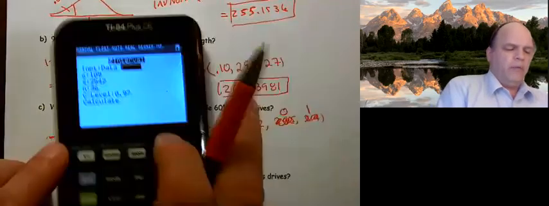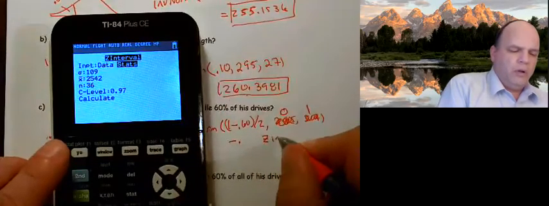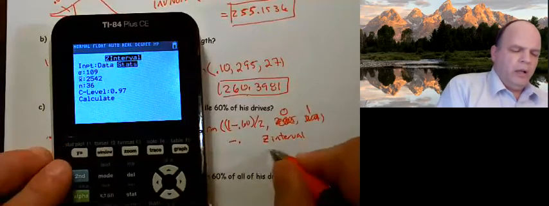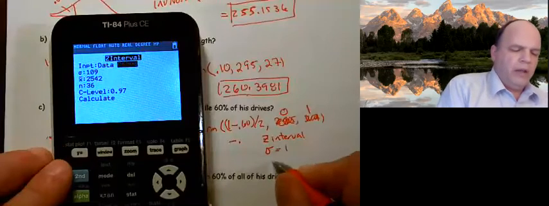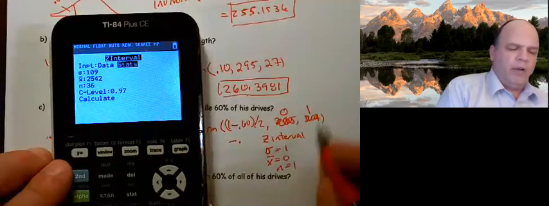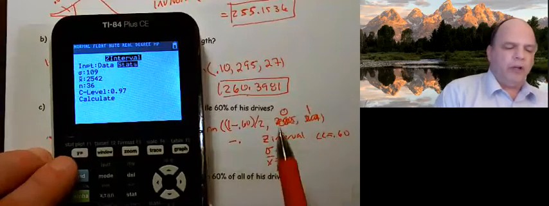All right, so if we go z-interval, and we plug in standard deviation for all z-scores is 1. The x bar for their mean is going to be 0. N, because they didn't give us a sample size, is 1. We want a confidence level of 0.60.